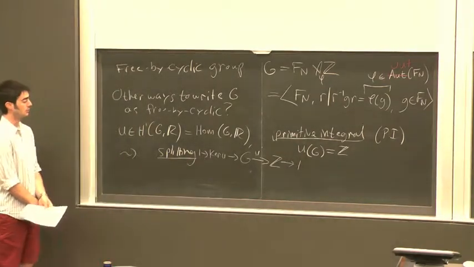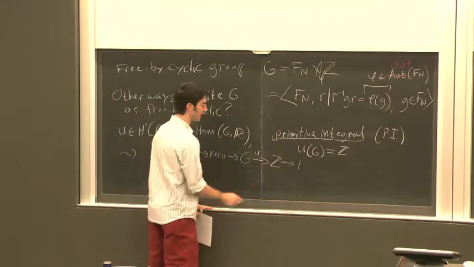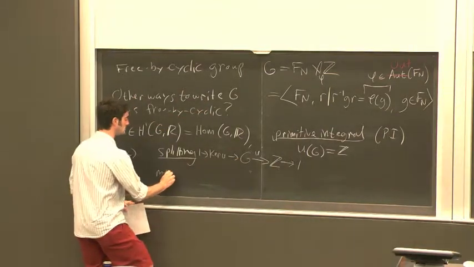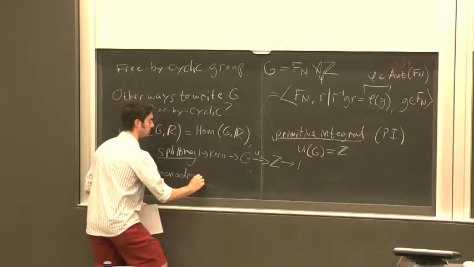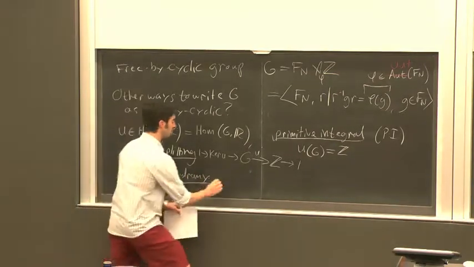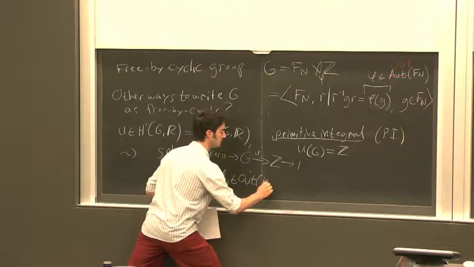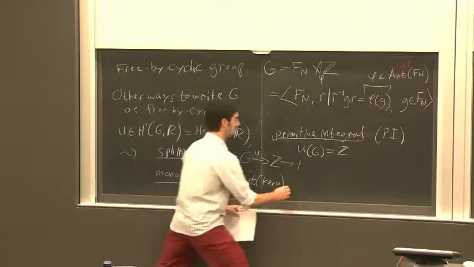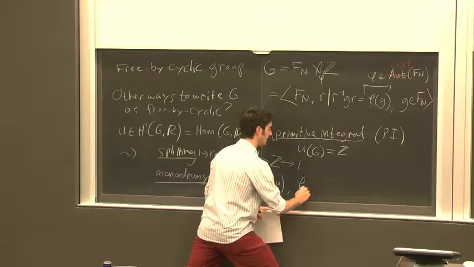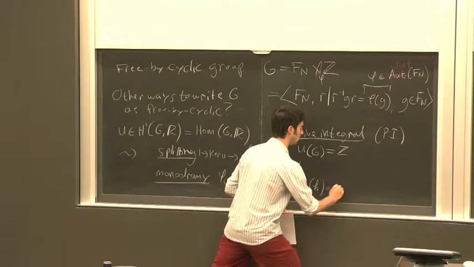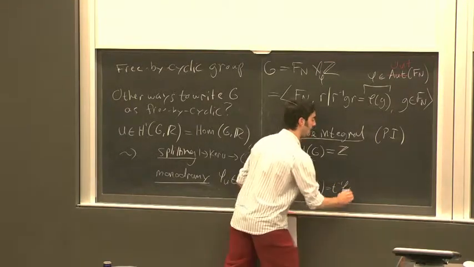And when you have a splitting of your group like this, you also get an action of this group on this group. That's called the monodromy. So the monodromy is an element in the outer automorphism group of the kernel, and it's defined by, if I take something in the kernel, its image is just conjugation by something that goes to 1.